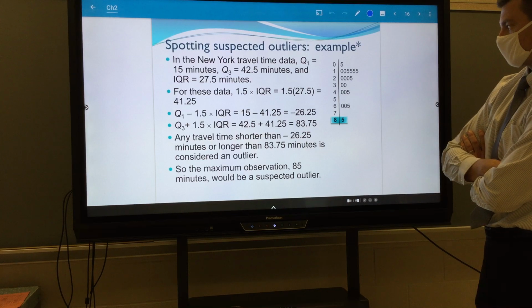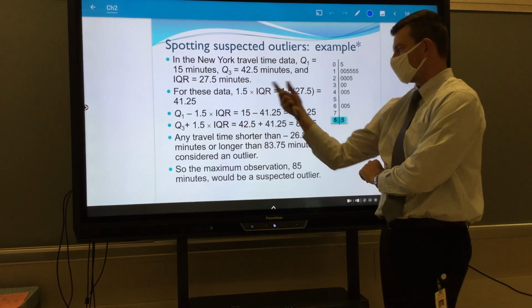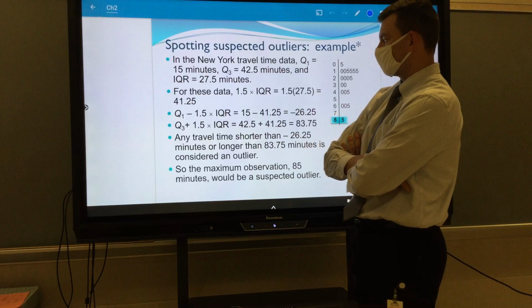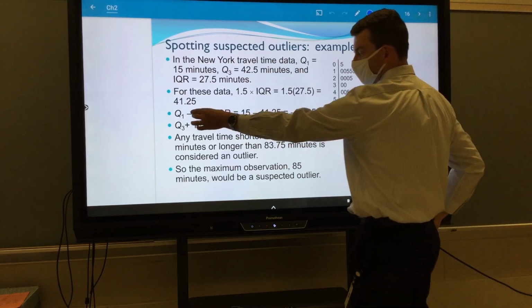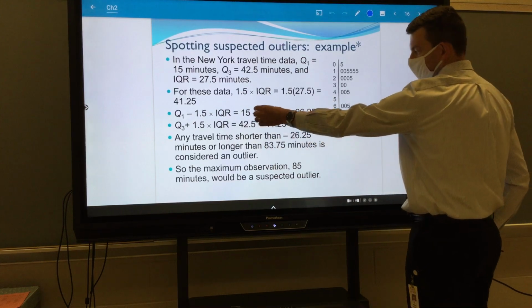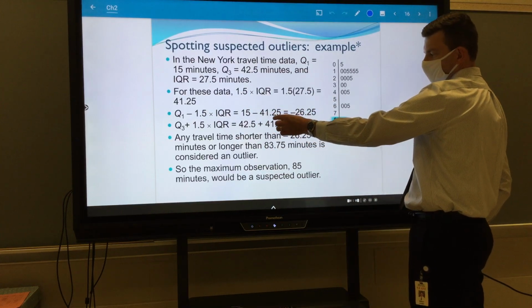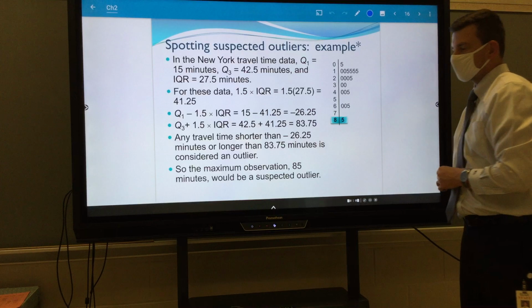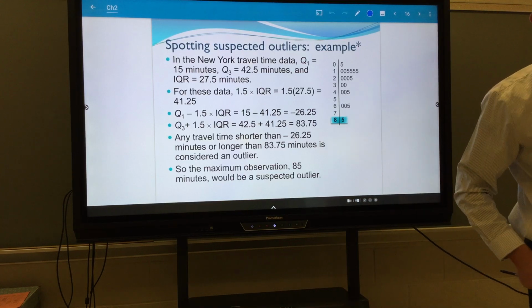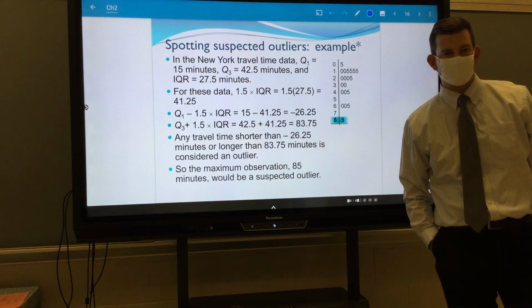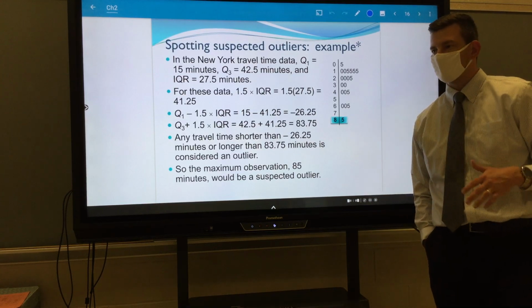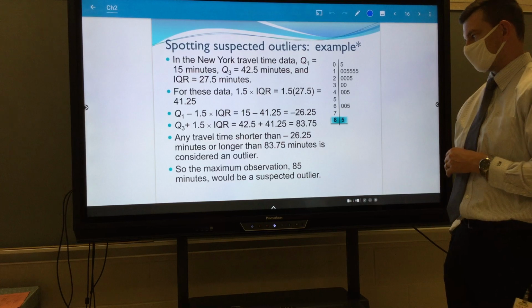Now, 1.5 times that value, work it out, gives us 41.25 minutes. So we go to those values here. Q1 being only 15, 15 minus that 41.25 takes us down to a negative 26.25. That doesn't make any sense for outliers because we don't have any negative values. And we weren't expecting any low outliers in this example.